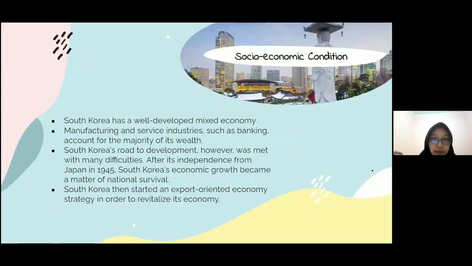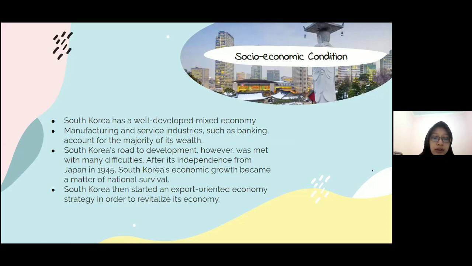Next. As for the socio-economic condition, South Korea has a well-developed mixed economy. In fact, South Korea's economy is one of the most powerful in East Asia. Manufacturing and service industries such as banking account for the majority of its wealth.